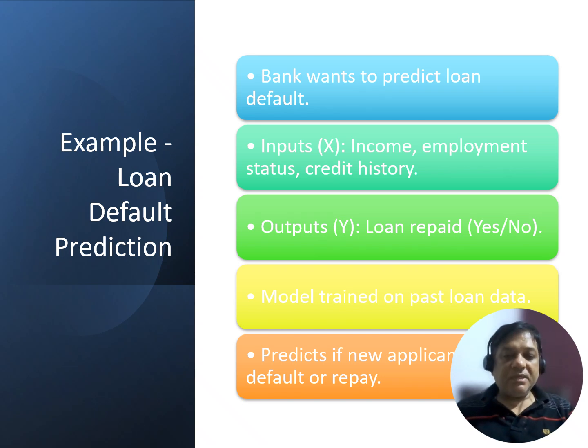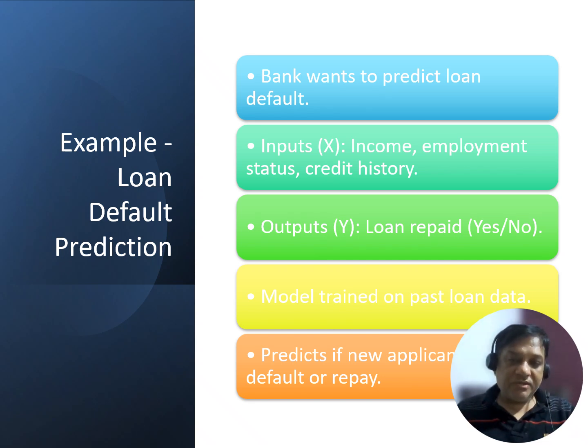So the example is loan default prediction. A bank wants to predict loan default. Input X is income, employment status, credit history, and output Y is loan repaid, yes or no. The model will be trained on past data, and it predicts if a new application will default or repay.